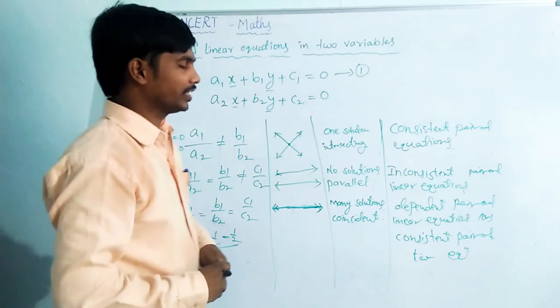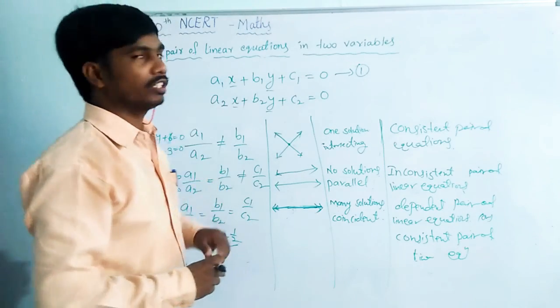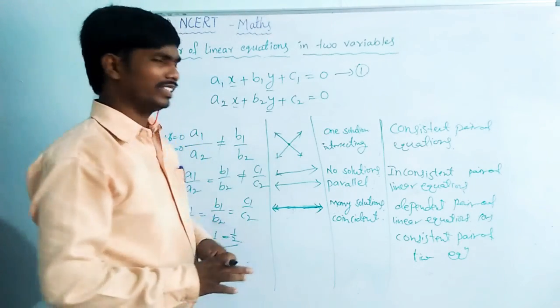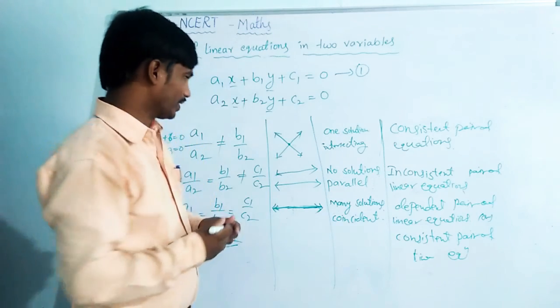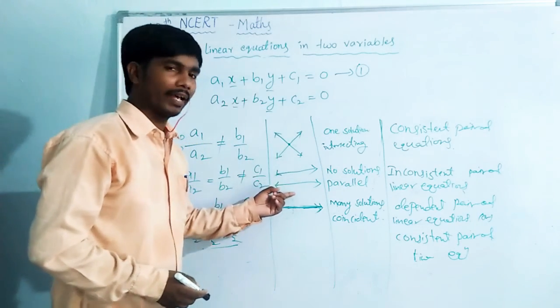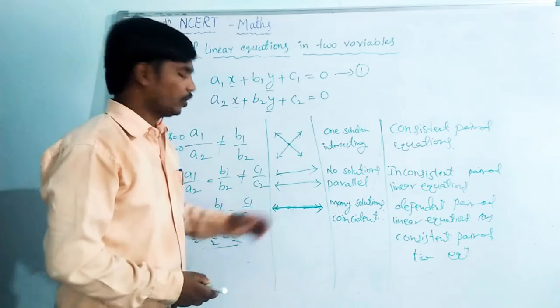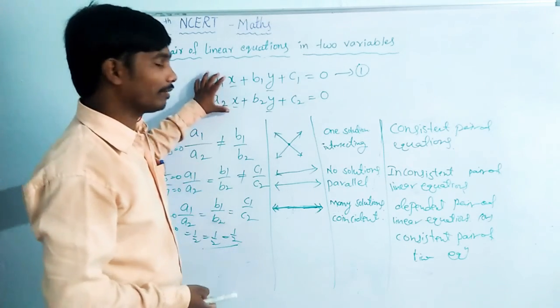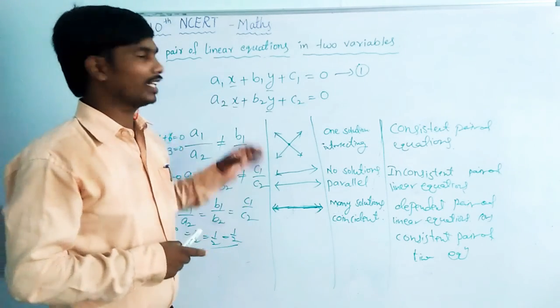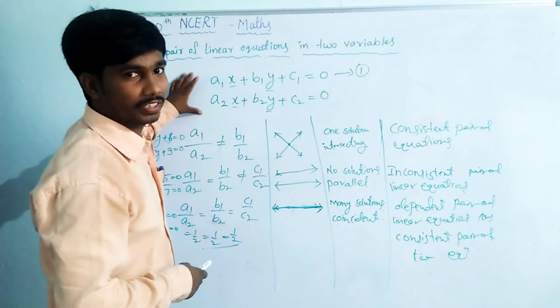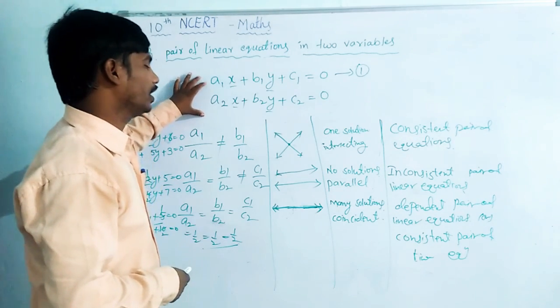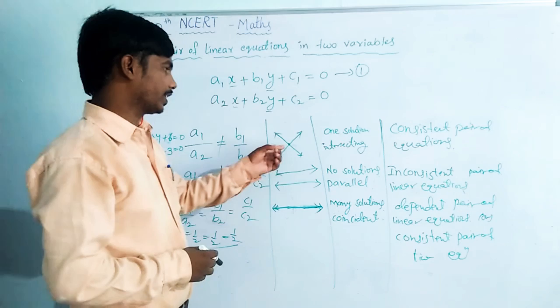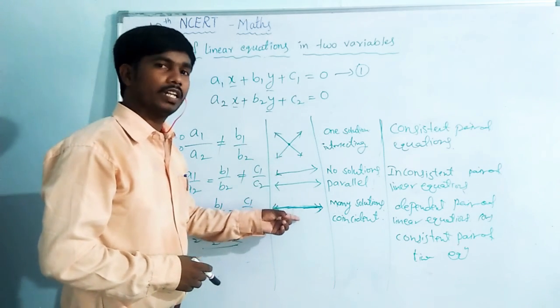Without graphical representation, with the comparison of ratios, we say that the pair of linear equations are intersecting, parallel or coincident. In the previous class we discussed the graphical representation, where we told that the pair of linear equations intersect at a point, or are parallel or coincident.